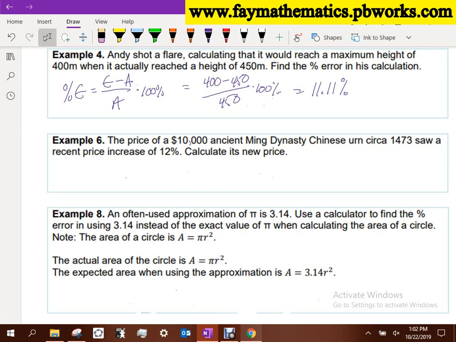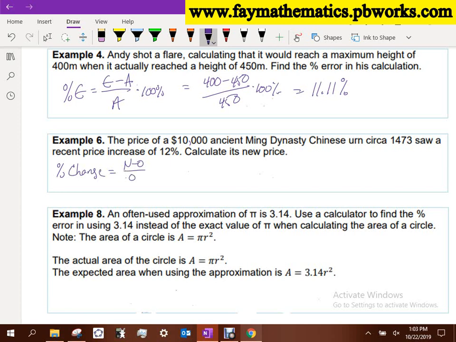We could actually set a formula up using this information. Think about this. Percent increase, so that's a percent change, is equal to new minus original, divided by original, right?